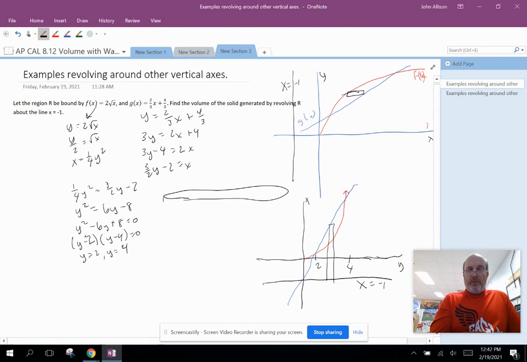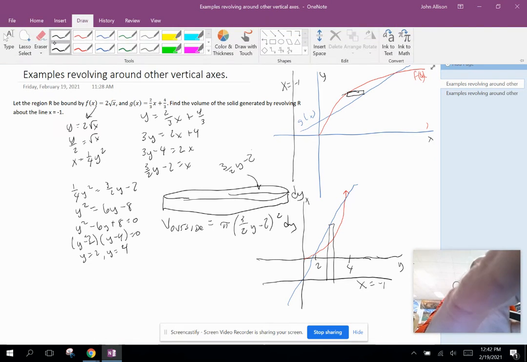That's going to give me the large disk, and then we'll cut the middle out in a minute. So the height this time is dy. And also, this is my linear equation. So the radius of that disk is 3/2 y minus 2. So the volume of one of those outside disks is going to be pi times the radius squared times dy.